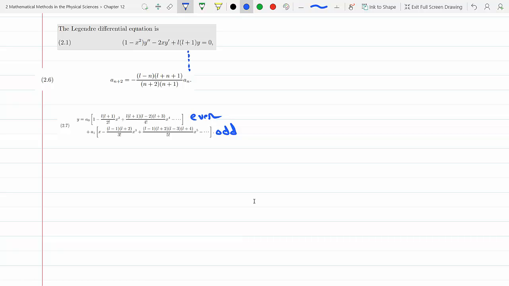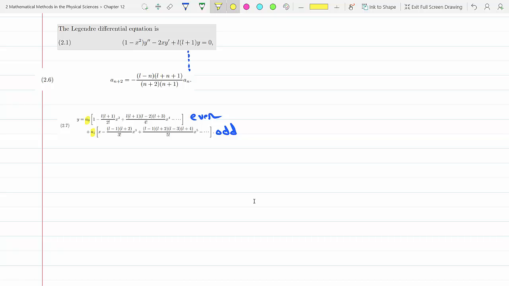Now, it would make sense that since this is a second order differential equation, you have two unknowns in this equation that need to be evaluated using either initial conditions or boundary conditions. Aside from that, you don't know what those are, and we call them a0 and a1.